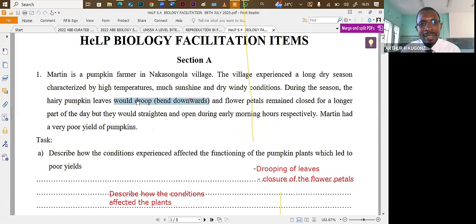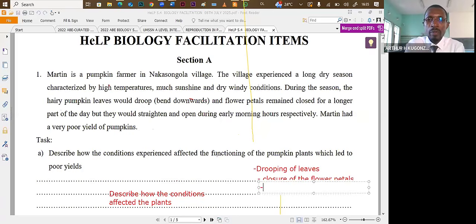And that one is in the drooping, so you ought to know that drooped leaves also have their stomata closed. Therefore, we shall now take that one as our point number 3. Therefore, I'm going to also note it down here as the closure of the stomata.